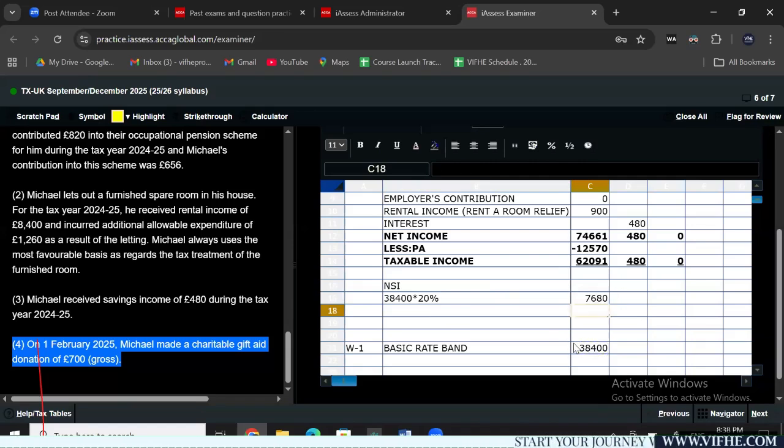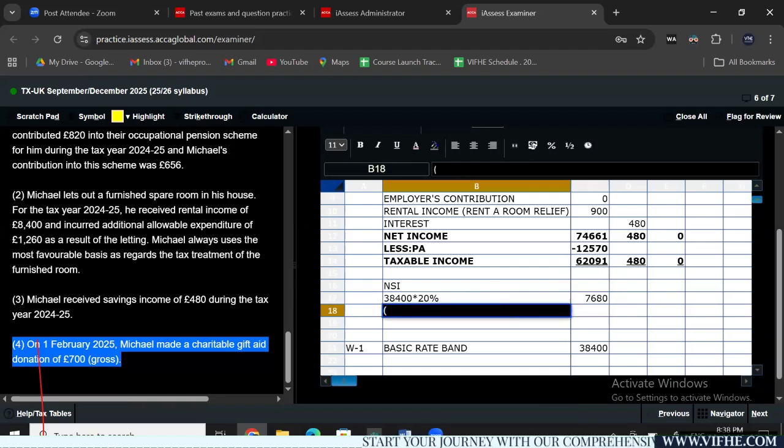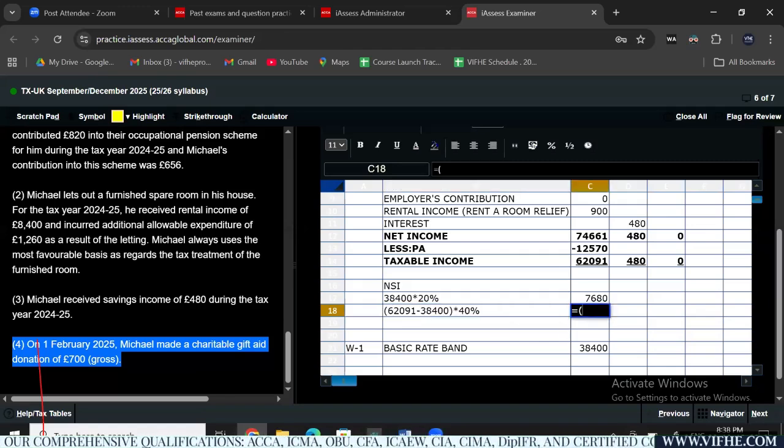That would turn into a tax figure of 7680, while the remaining income, 62091 being the total taxable income for non-savings column, 38400 has been taxed, while the remaining amount shall be taxed over a high rate of 40%. So this would be 9476.4.